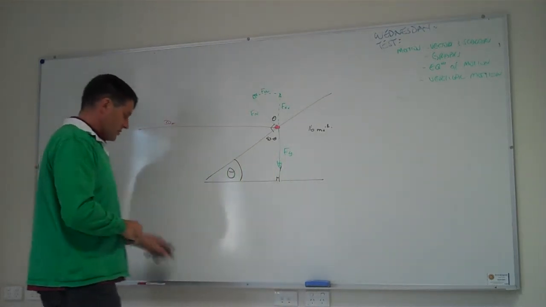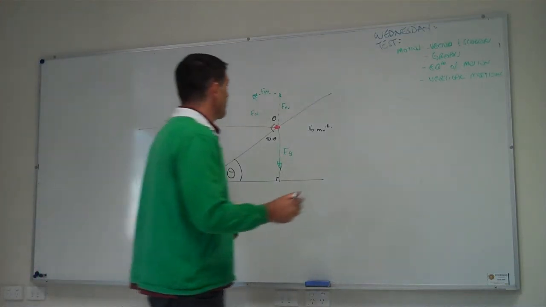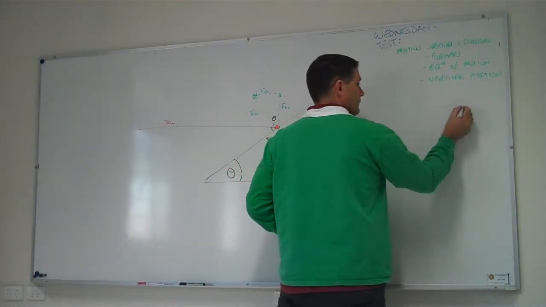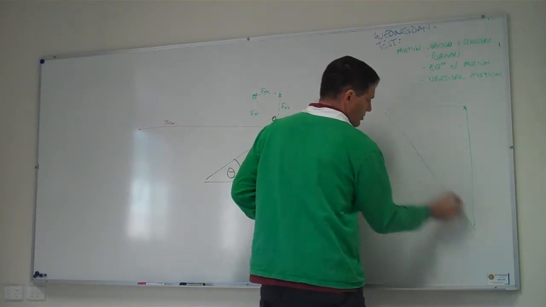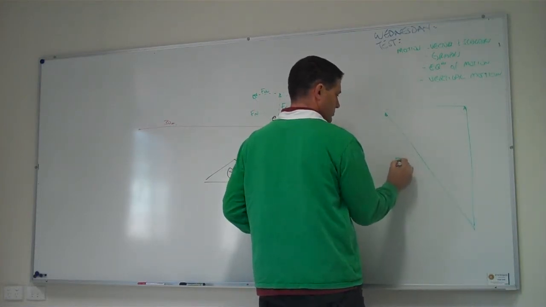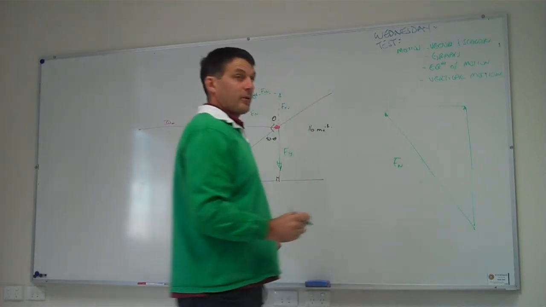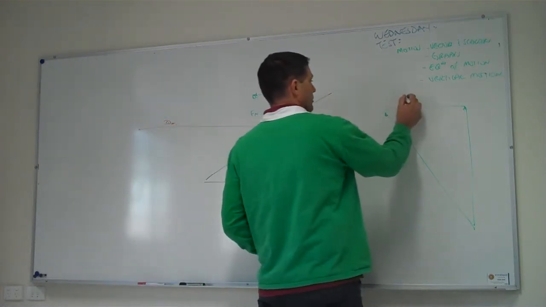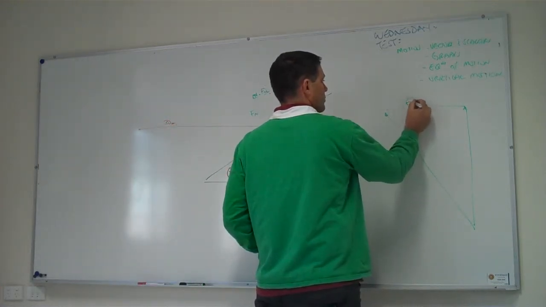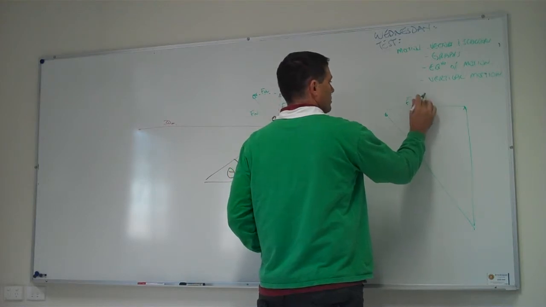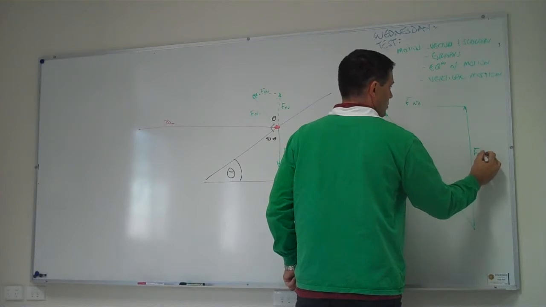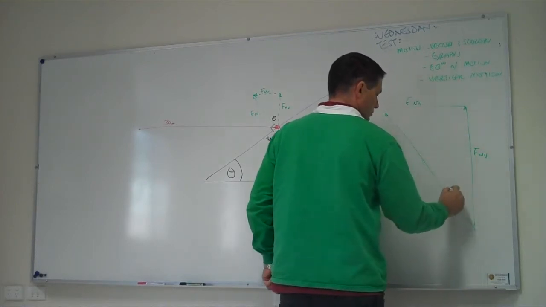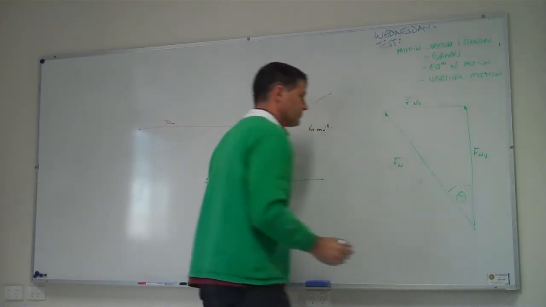So what that gives us, and I'll draw it over here so it's a bit clearer, is that we have the normal force coming off the track, then we've got the force normal horizontal, and then the force normal vertical, and that angle there.